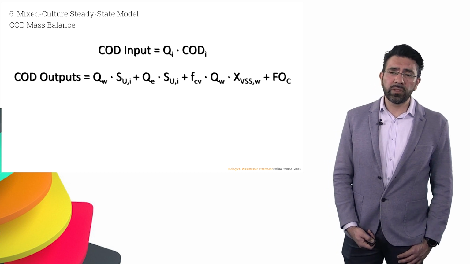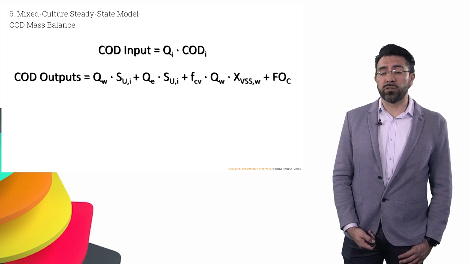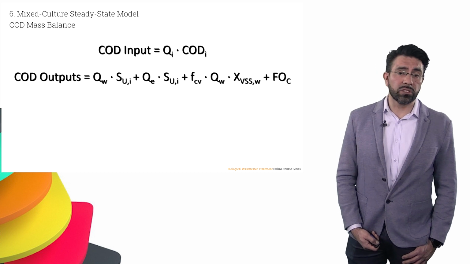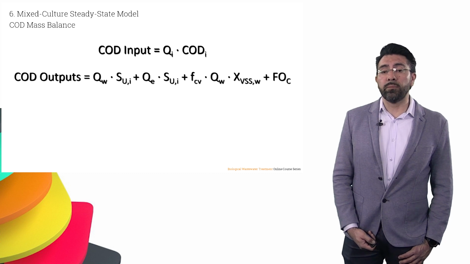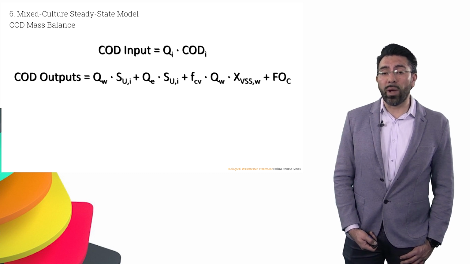As such, the COD input can be estimated based on the influent flow rate and the total COD concentration. Whereas the COD outputs are, for example, the ones present in the waste of activated sludge.